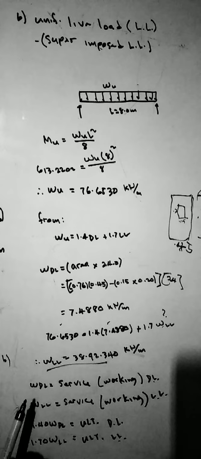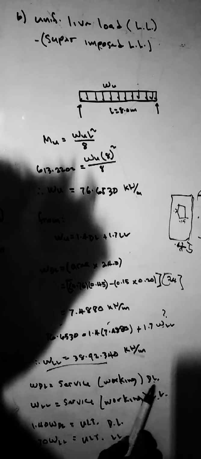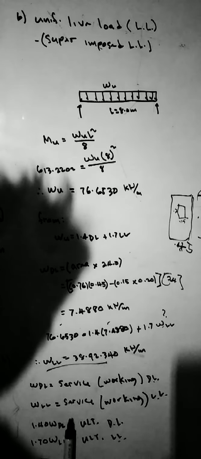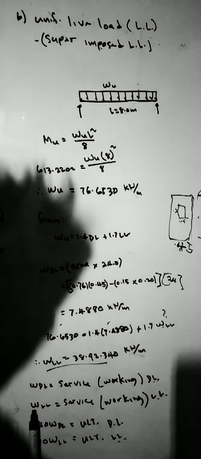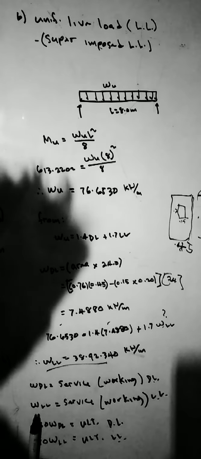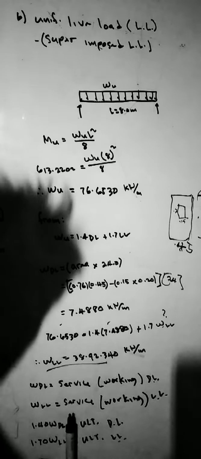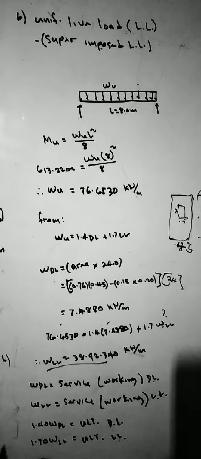By the way, W dead load is the service, working dead load, and the service live load is the W live load, the uniform live load, the service working live load.